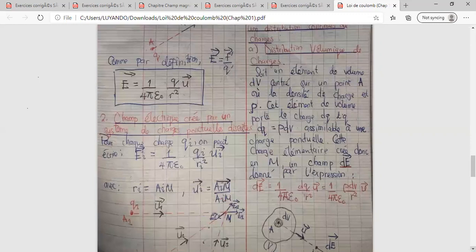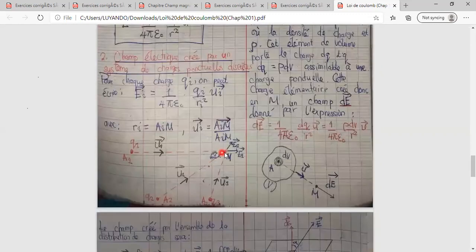So they're saying Q1 and Q3 are positively charged. Their force and their electric field is outwards, it's moving outwards. Q2 is negatively charged, so the force will be moving towards the charge, and the field as well. So which is what we have here.